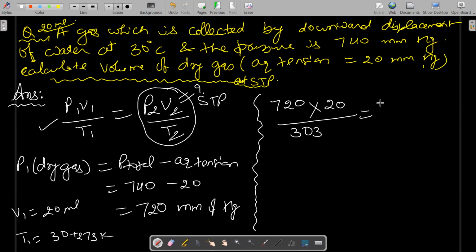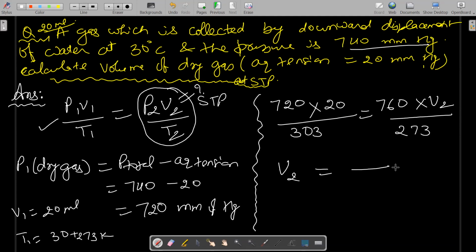P2 at STP, if it is in mmHg, we can take 760 mmHg. The volume we have to find out, and the temperature at STP we always know is 273 Kelvin. I think it is clear to all of you. Clear? Yes.